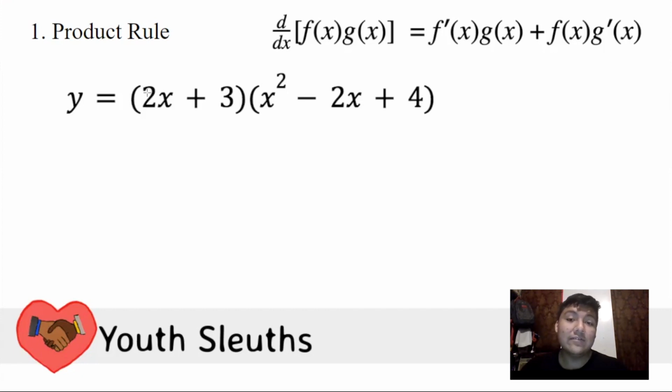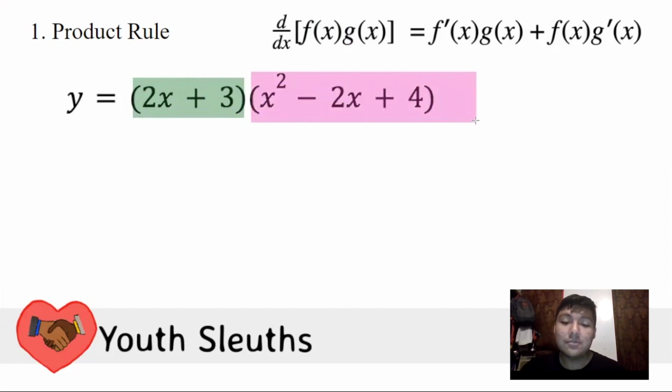On this slide, we have a different example, and the first thing we should notice is that we have two functions being multiplied by each other. We have 2x plus 3 being multiplied by x squared minus 2x plus 4. Now, if we look at our rule again, we have our g of x and we have our f of x.